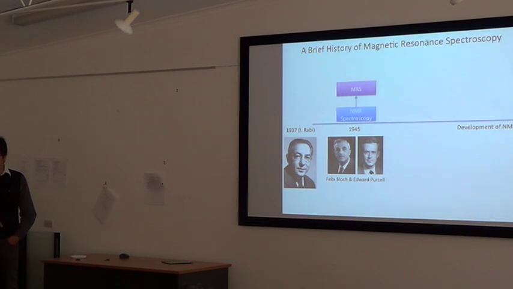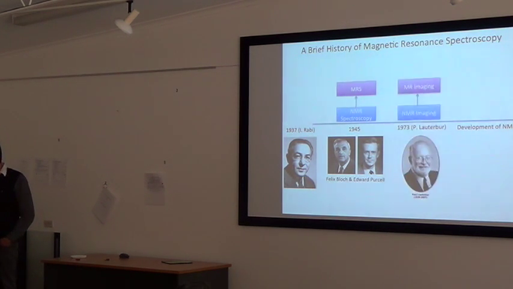And in 1945, Professor Bloch and Purcell established the nuclear magnetic resonance spectroscopy, and later on this technique transferred into spectroscopy, which is what I'm going to talk about today.